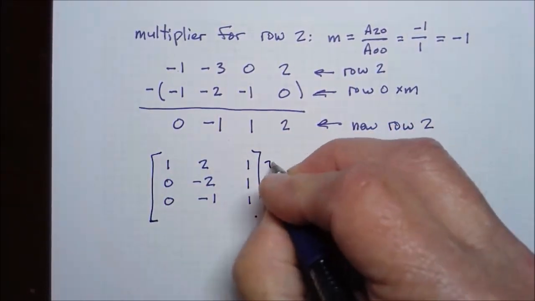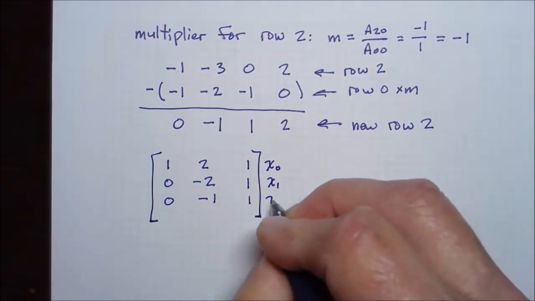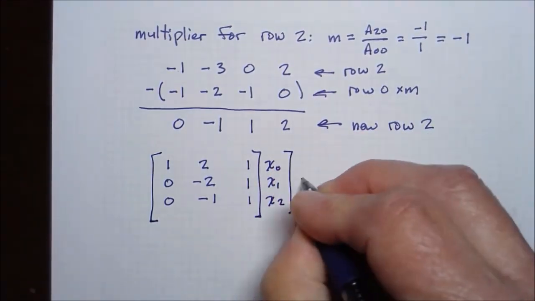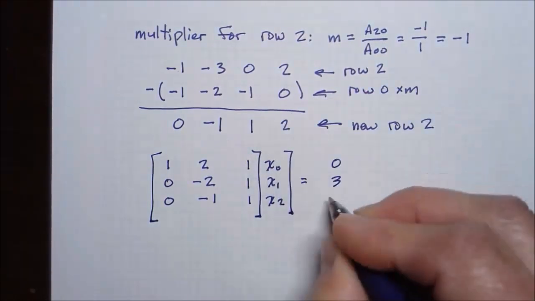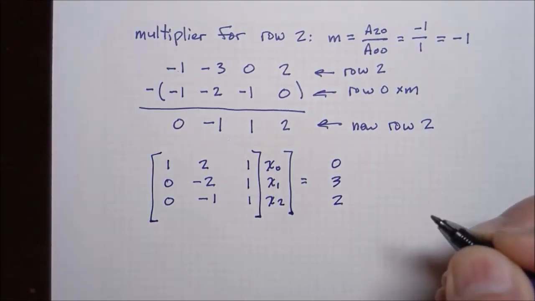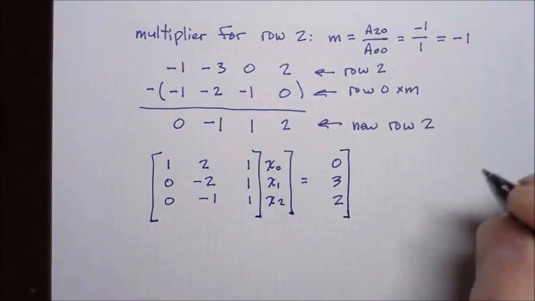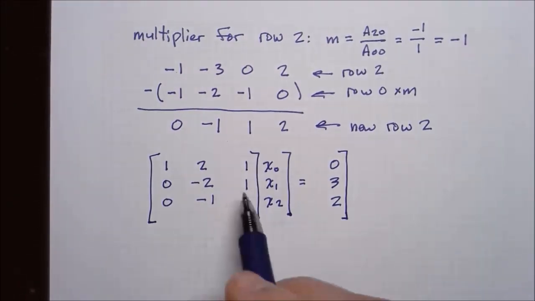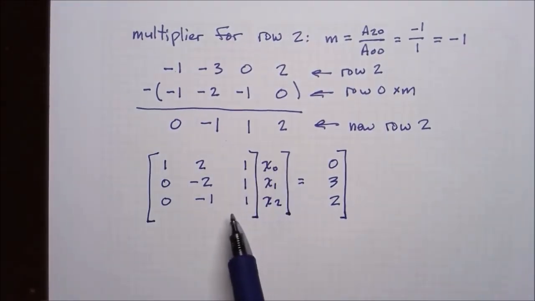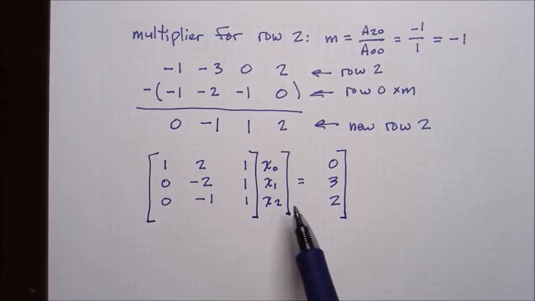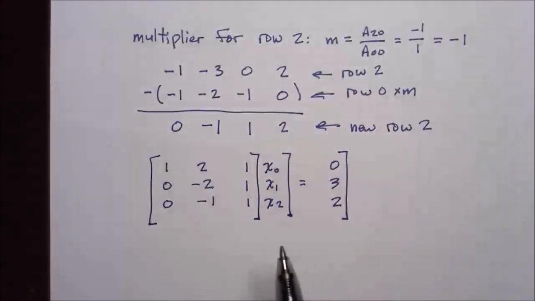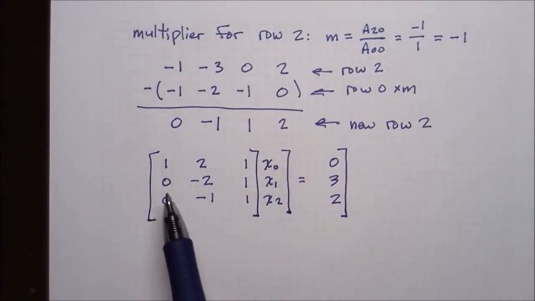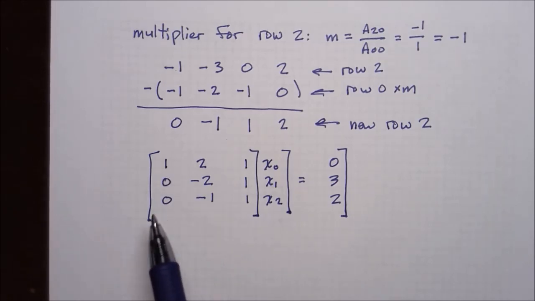That multiplies x0, x1, x2, and that's equal to 0, 3, and now we have 2 again. This is the rewritten set of equations that again has exactly the same solution as the first set of equations. However, we've got 0 in the first column below the main diagonal.